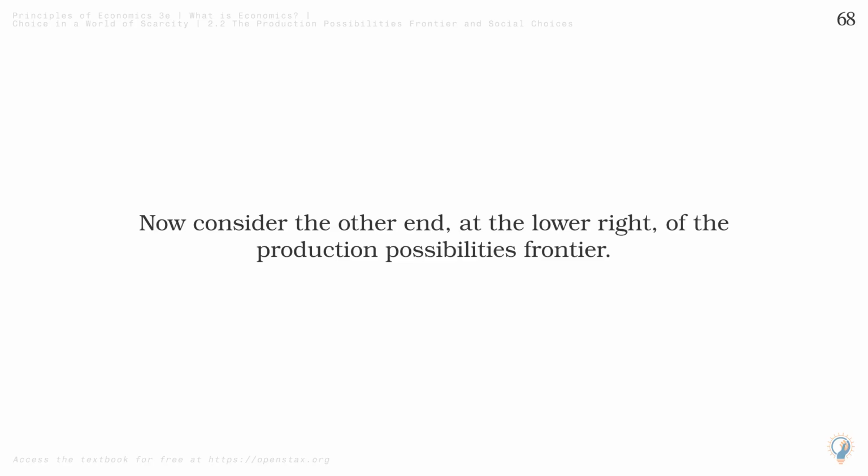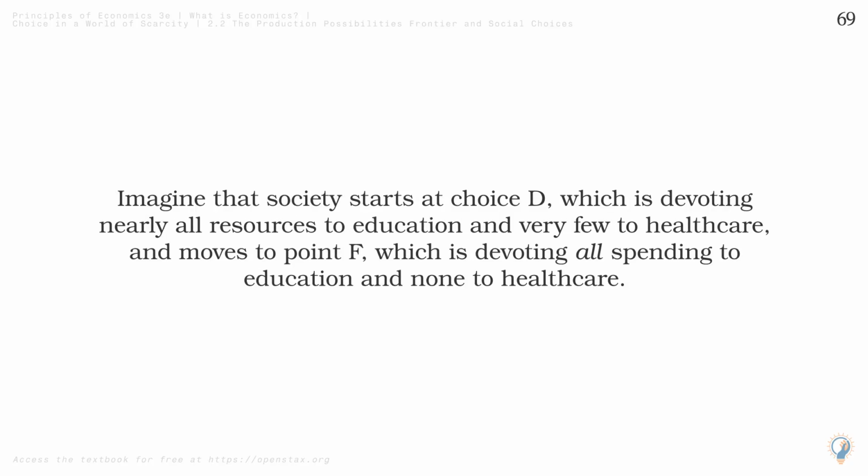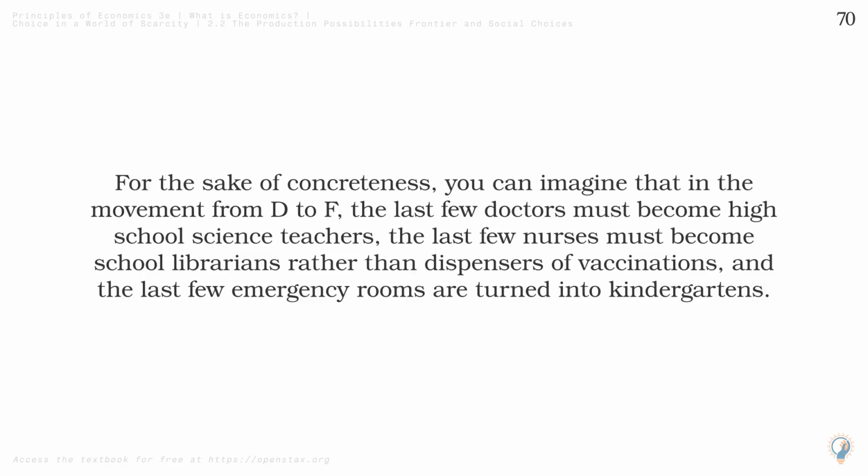Now consider the other end, at the lower right, of the production possibilities frontier. Imagine that society starts at choice D, which is devoting nearly all resources to education and very few to healthcare, and moves to point F, which is devoting all spending to education and none to healthcare. For the sake of concreteness, you can imagine that in the movement from D to F, the last few doctors must become high school science teachers, the last few nurses must become school librarians rather than dispensers of vaccinations, and the last few emergency rooms are turned into kindergartens.